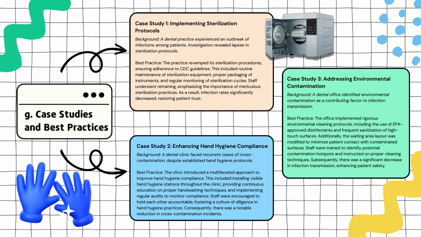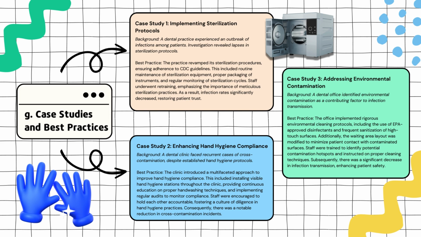Next, we have enhancing hand hygiene compliance. A dental clinic faced recurrent cases of cross-contamination despite established hand hygiene protocols. The clinic introduced a multifaceted approach to improve hand hygiene compliance.